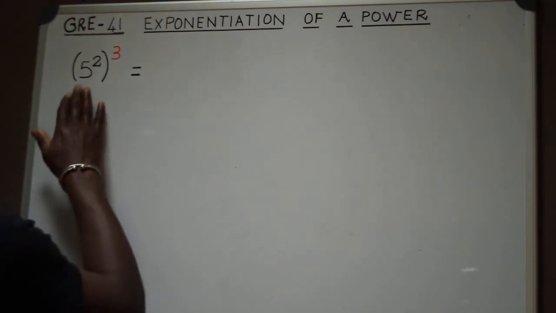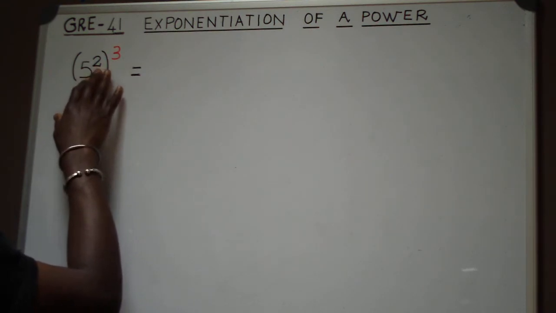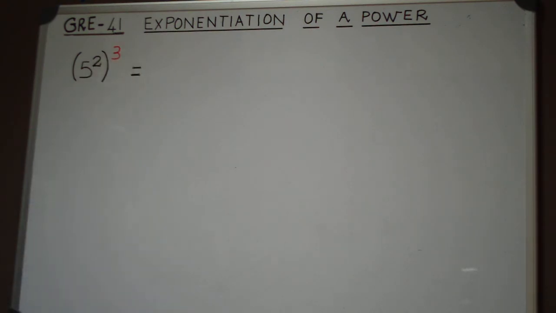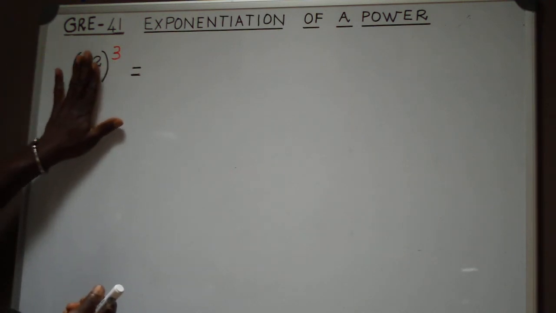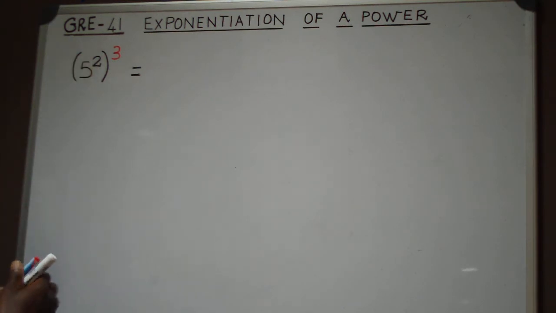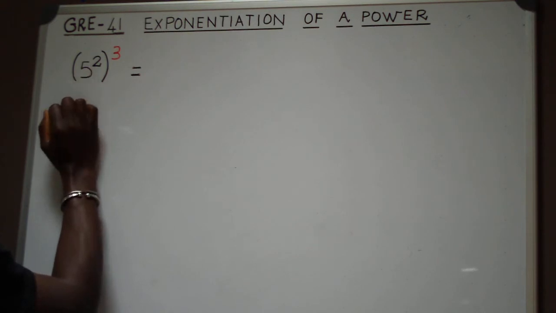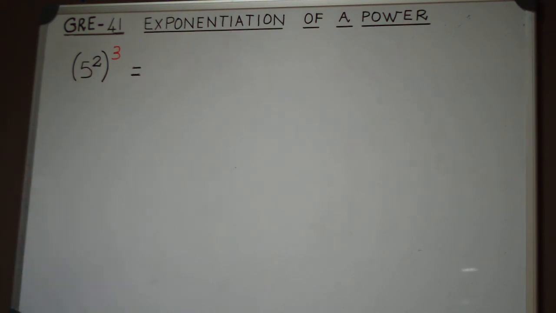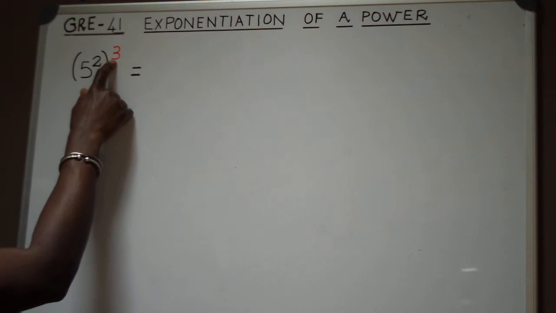Now, what is the meaning of 5 raised to the power 2, and then the whole thing raised to the power 3? According to the definition of exponentiation, if you exponentiate an expression, you have to take that expression and repeatedly multiply it by itself until you have a number of factors equal to the number indicated by the exponent.